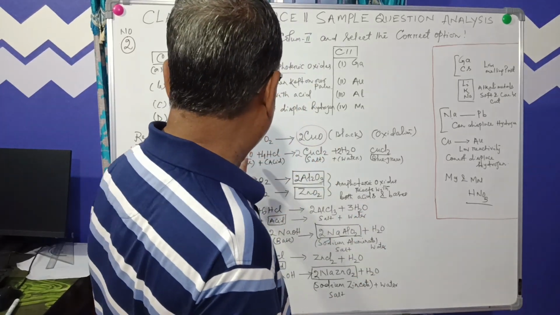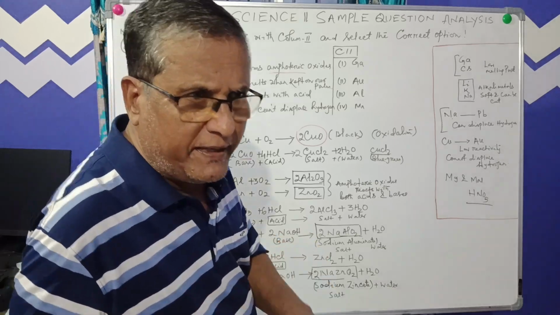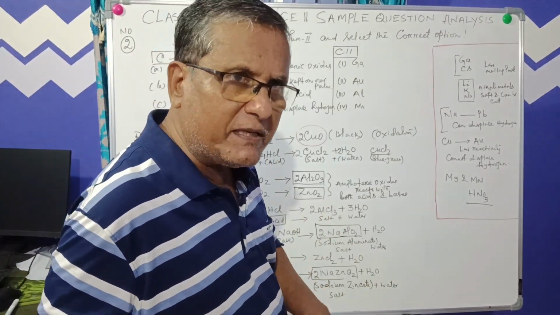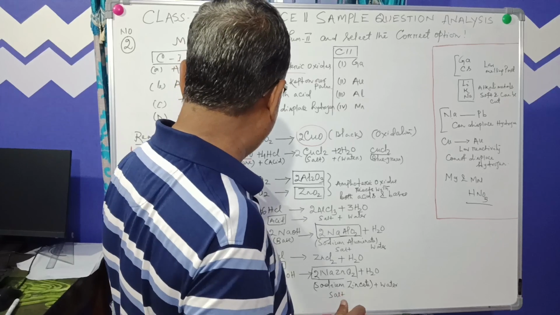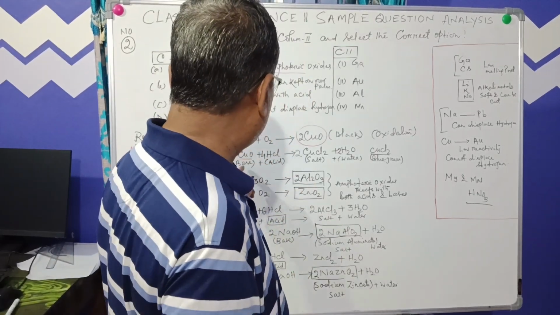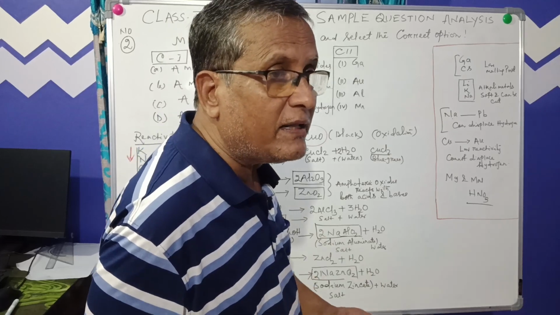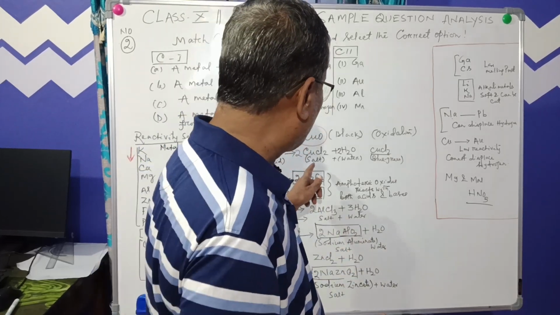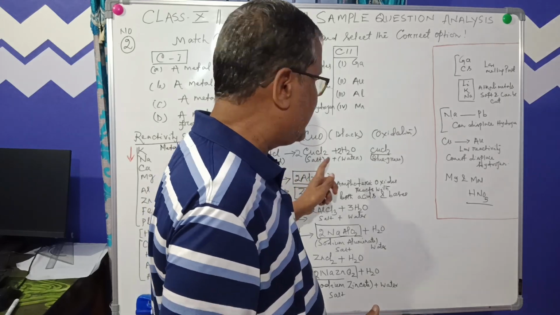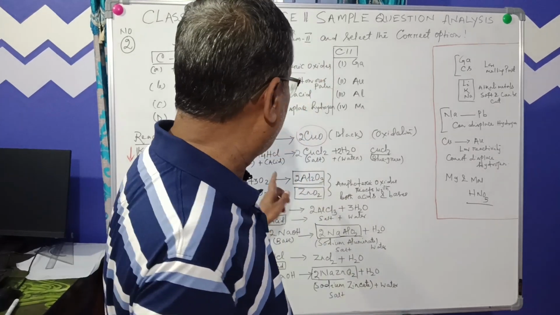In the beginning I told you most metal oxides are basic in nature. So here base plus acid, now recall the formula: base plus acid is called a neutralization reaction, that is, salt plus water. So it is an example of a neutralization reaction.